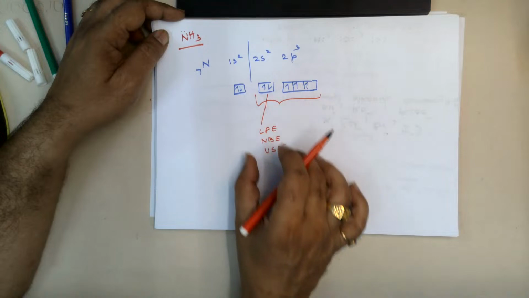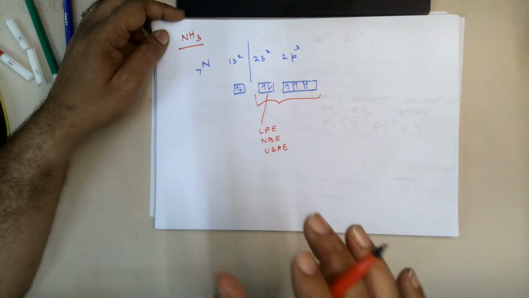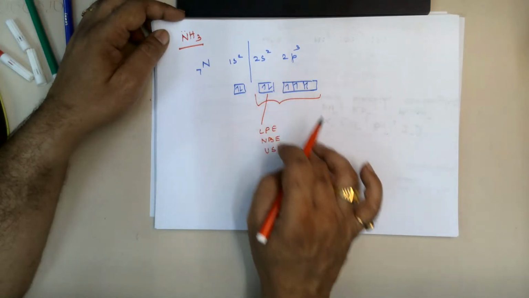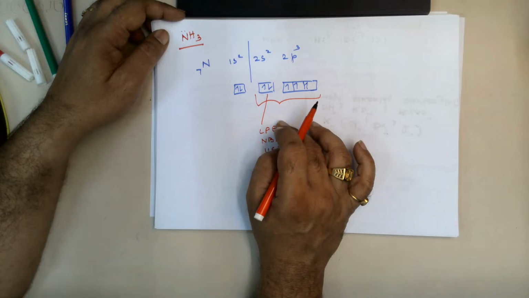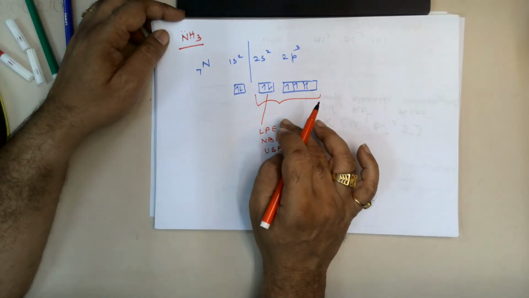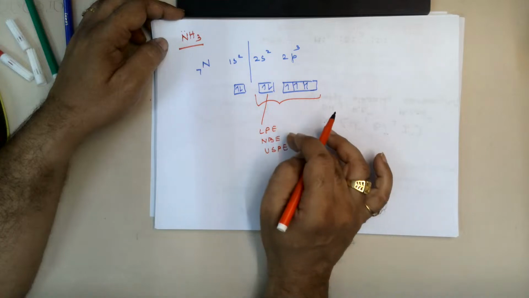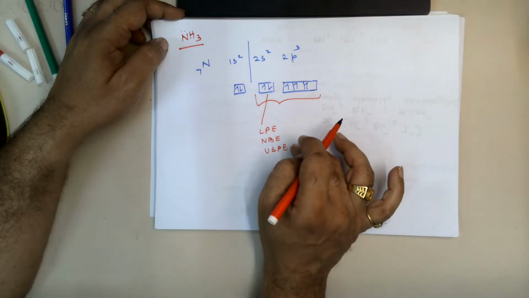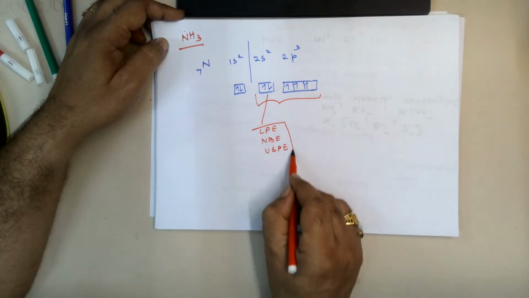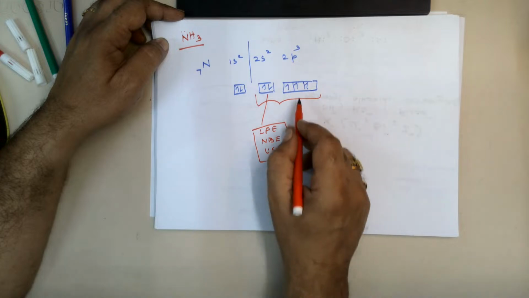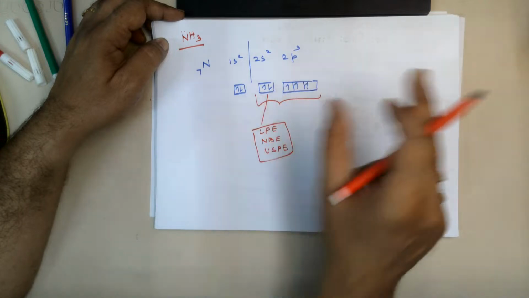Okay, you must understand all these terms. All are the same only. What are those called? Lone pair of electrons, non-bonding electrons, unshared pair of electrons. All three are the same. And what about these? They are called bonding electrons.